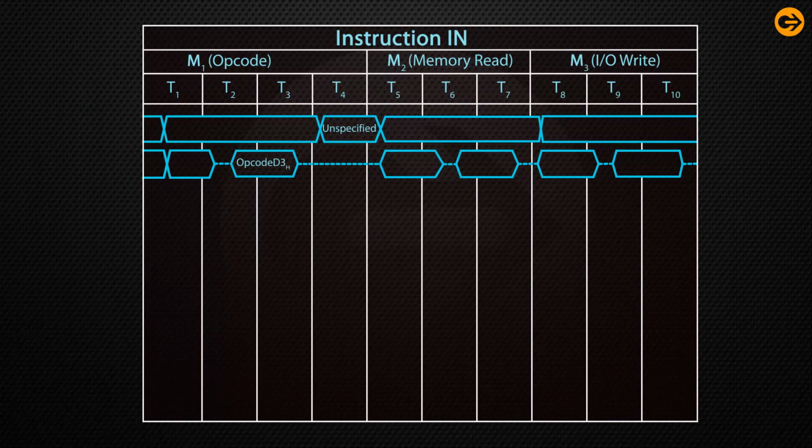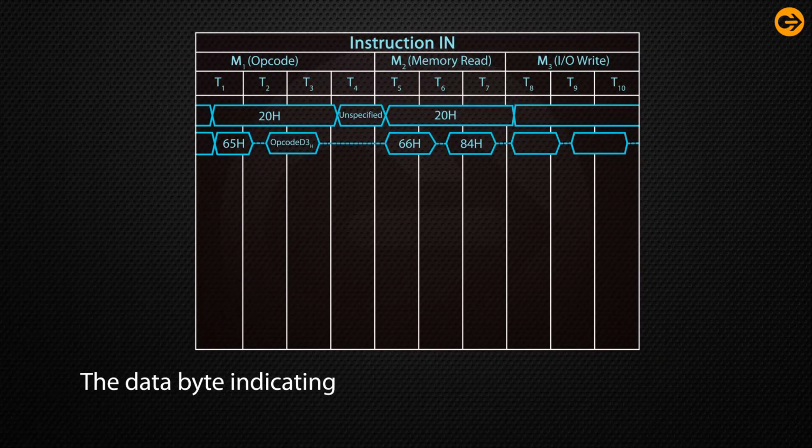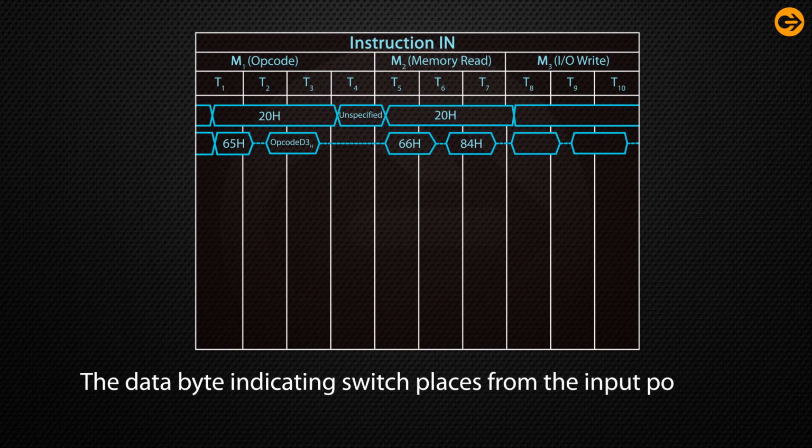When the microprocessor is asked to execute the instruction, it will first read the machine codes or bytes stored at locations 2065H and 2066H. Then it reads the switch positions at port 84H by enabling the interfacing device of the port. The data byte indicating switch positions from the input port will be placed in the accumulator.